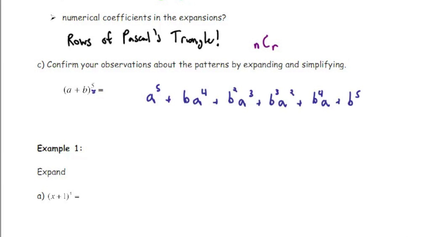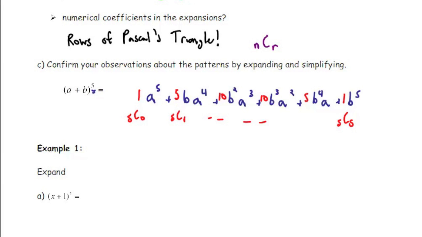But we're missing one important thing, and that's the numbers, the coefficients, and that we just get from Pascal's triangle. And this is going to be a 1, 5, 10, 10, 5, and then another 1. And remember, this is just 5 choose 0, 5 choose 1, all the way up to 5 choose 5.